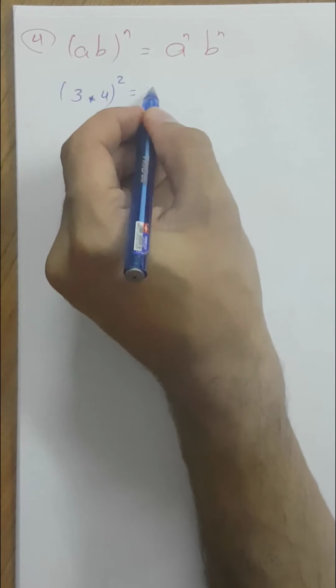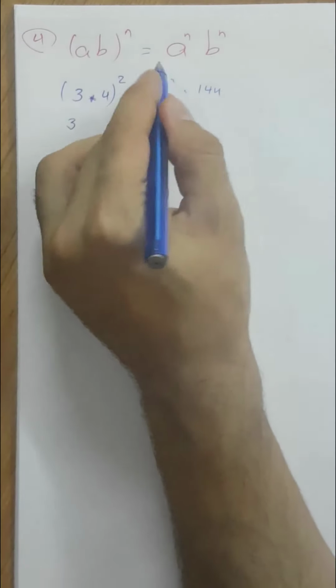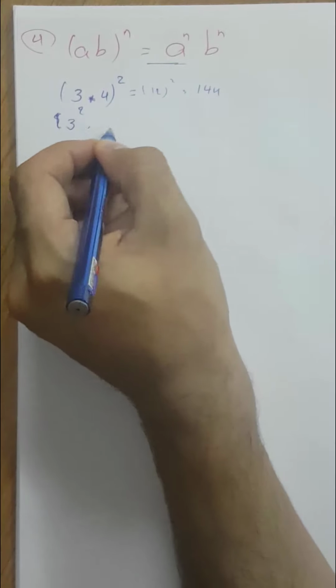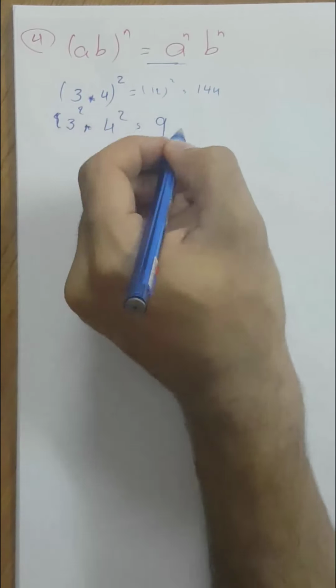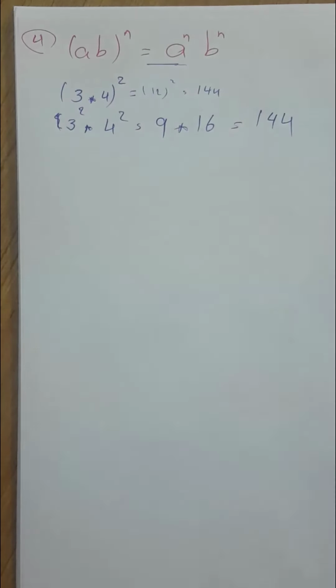You can directly multiply them, you see 12 to power 2, which is equal to 144, or depending on this rule, 3 to power 2 multiplied by 4 to power 2, is equal to 9 multiplied by 16, which is 144 again.